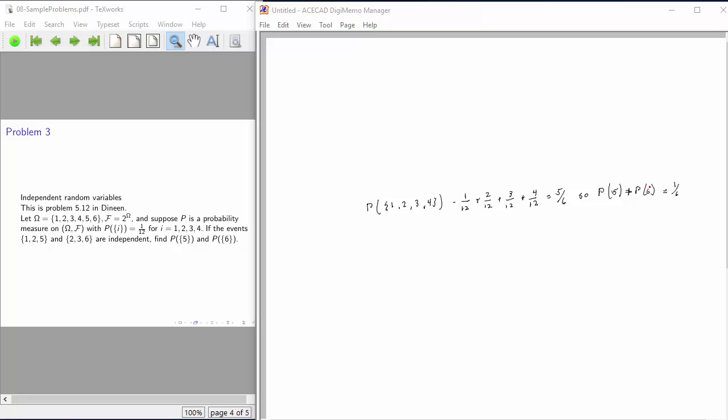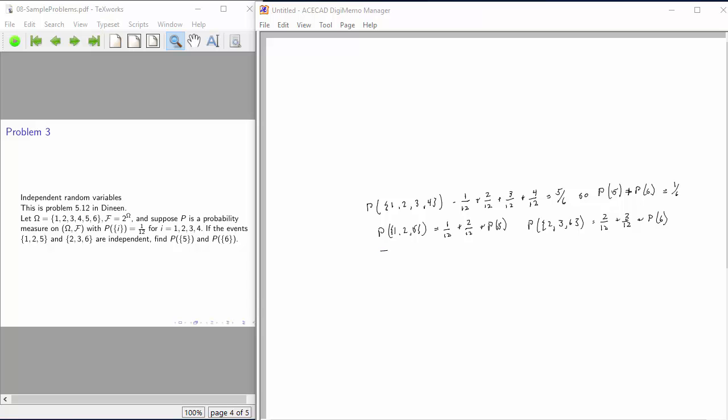Now, what about these two events that are given as independent? Well, the probability of getting a 1 or a 2 or a 5 is 1/12 plus 2/12 plus P of 5. The probability of getting a 2 or a 3 or a 6 is 2/12 plus 3/12 plus the probability of getting a 6. And we're told that these two events are independent.